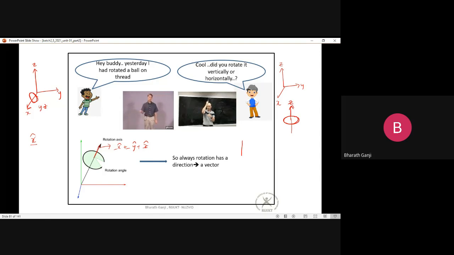If you want to know that direction, you can see that rotation vector. That vector tells you how much rotation is happening in a particular x direction, and how much in y direction and z direction. So this is how you need to understand rotation.